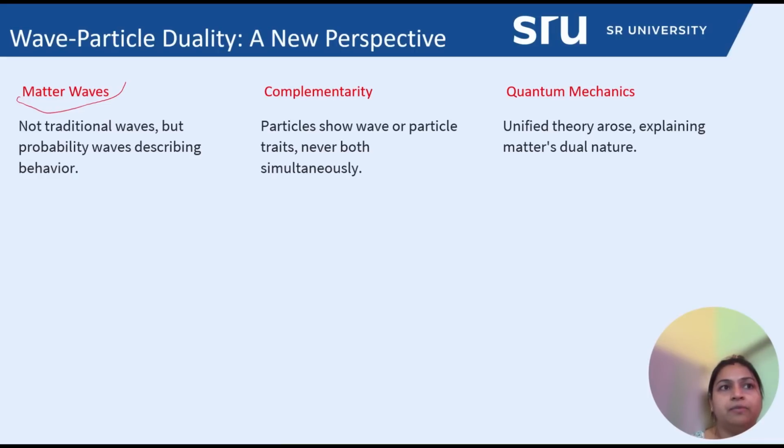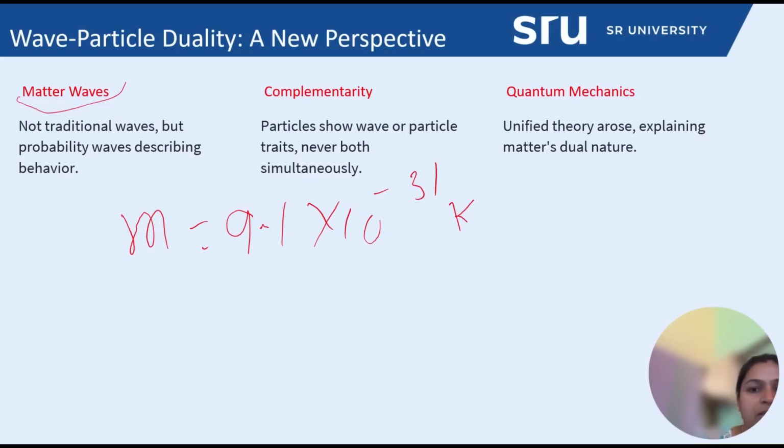And quantum mechanics unified the theory, explaining matter's dual nature. So suppose we know the electron mass, 9.1 into 10 to the power minus 31 kg, and the velocity is 10 to the power 6 meters per second.